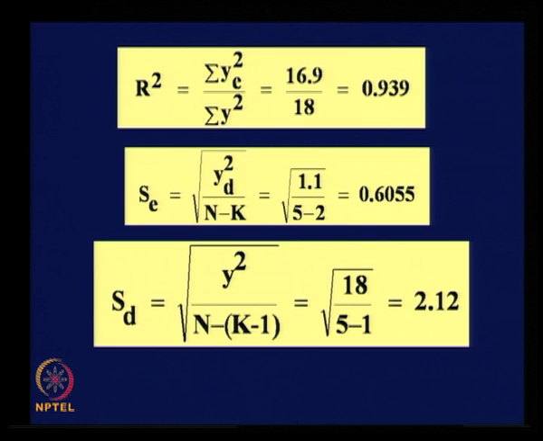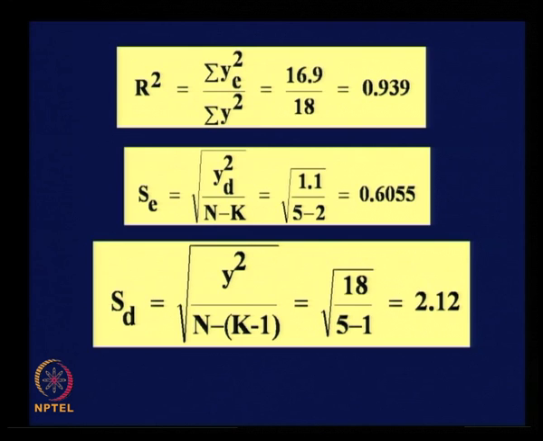If you know the value of y bar, you get the value of small y and then y squared. There is no need to have 2 statistics. That is how the number of degrees of freedom is 1 more than the case where we calculate the value of SE. Okay. So that is how you need to understand the variation in the number of degrees of freedom. So this becomes 2.12.